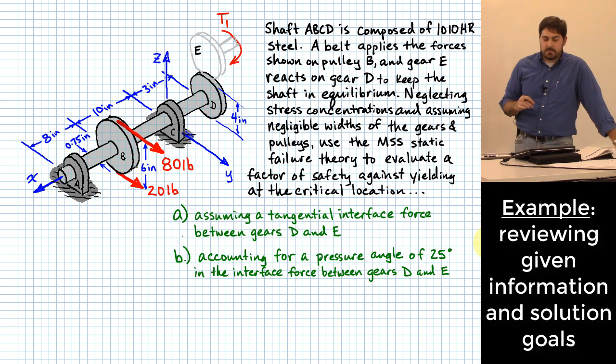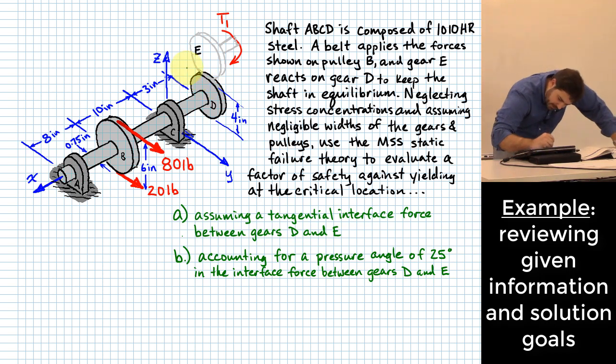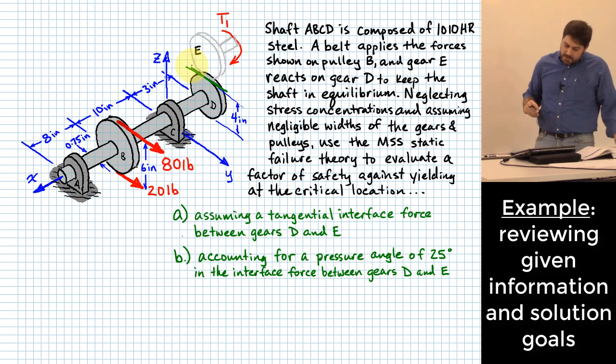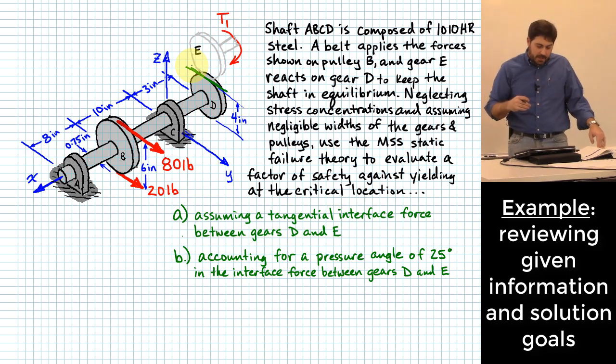Okay, what does that mean? What does tangential mean? Think of a tangent line, right? It's basically that line. If I was going to draw it on here, I'd probably draw it something like this. We're saying that if there's a tangent line between these two things, there's a tangential force that exists between these two gears, D and E, and that's what's going to keep it in equilibrium. Okay? So basically, what direction would that force be applied?